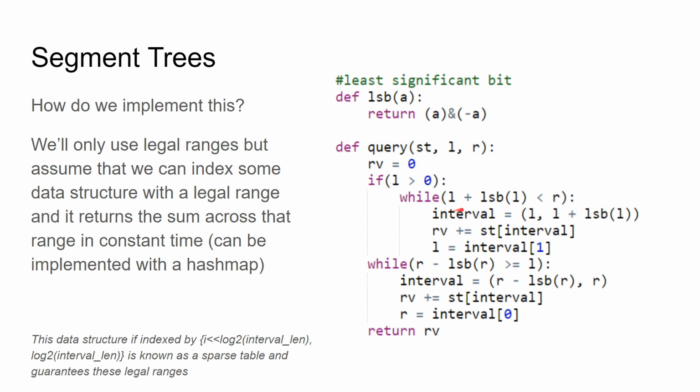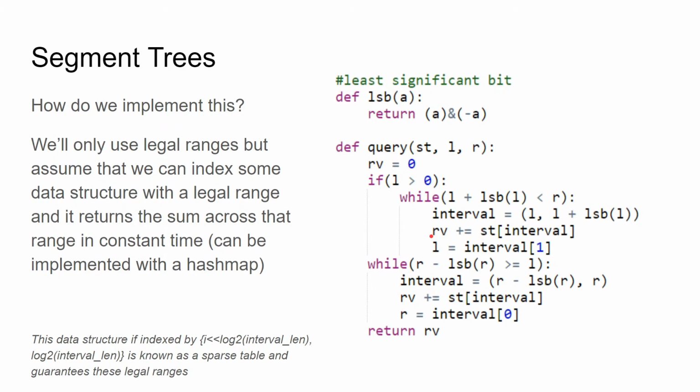But yeah, so we first compute whether that maximum range, which is determined by its least significant bit, is within the bound. And if it is, then we add that interval's value to our running total. And we compute the new bound as the right side of the interval that we used.